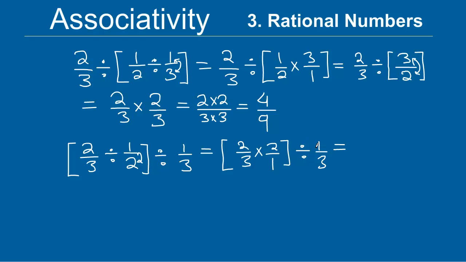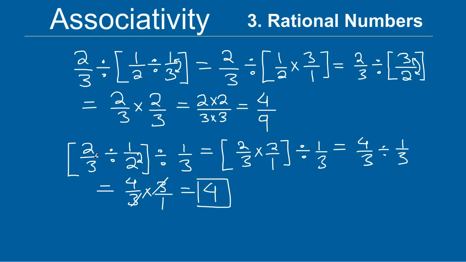So here 2 times 2 is 4, we'll get 4 by 3 divided by 1 over 3. And now we can write this as 4 by 3 multiplied by 3 by 1, and indeed 3 and 3 will cancel out. Oh, this is nice. So we have gotten only 4.